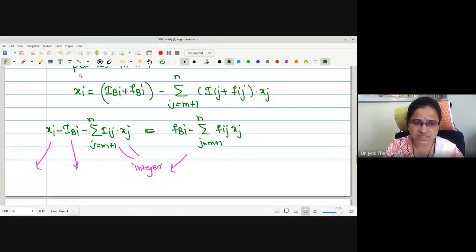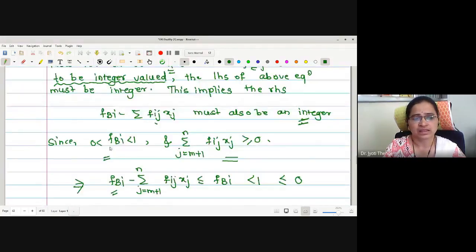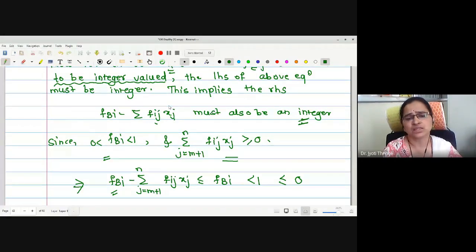Therefore, if the left hand side is an integer value, what about the right hand side? The right hand side must also be an integer value. But this fbi is between 0 and 1, and fij xj is non-negative. With xj an integer value and fij lying between 0 and 1, this total summation is greater than or equal to 0.